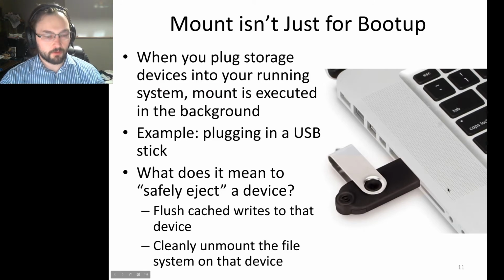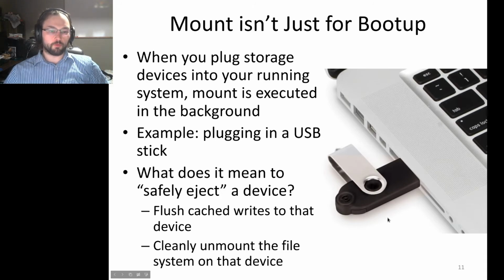Now we have to mount file systems every time we boot up a machine, and there can be multiple file systems, especially if there are multiple disks, but we also have to mount file systems every time we add a new disk to the system. And today the most common example of this, still, even though these slides are kind of old, is plugging in a USB disk. When we do that, we need to figure out what drive letter or path is going to get associated with it.